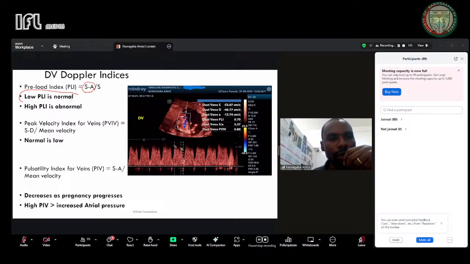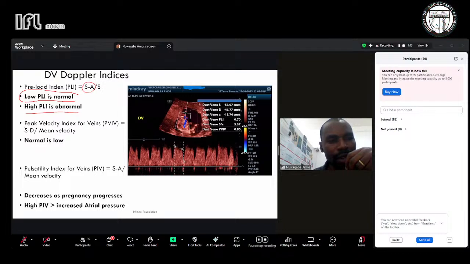And if the preload index is low, we know that is normal, meaning that the flow is flowing to the fetal heart unimpeded. And if it is high, that means that there is increased cardiac pressure, the blood cannot flow from the umbilical vein through the ductus to the fetal heart. And if the preload index is high, that is very concerning.